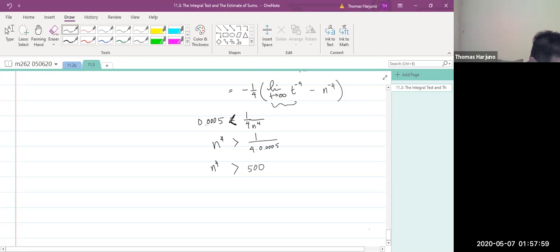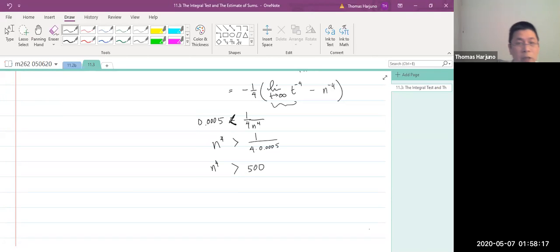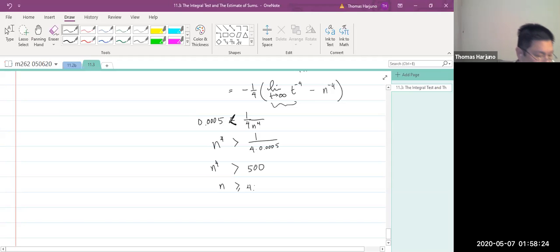So do the fourth root: 500 to the power of 0.25 is 4.7 something. So n has to be greater than or equal to 4.7 something. So we just need to use n equals 5. That should be good enough.